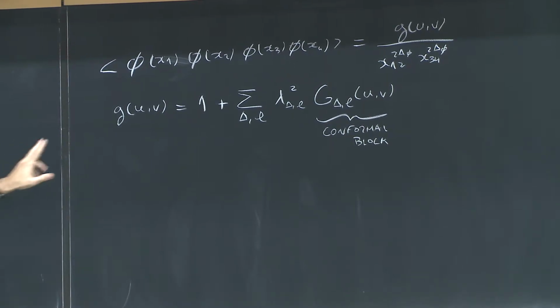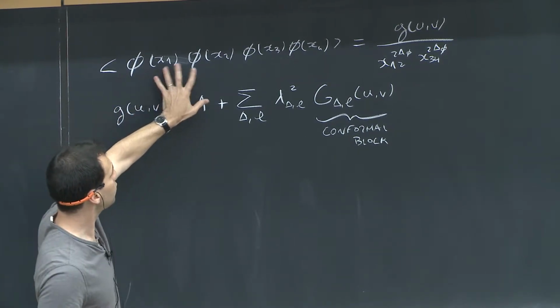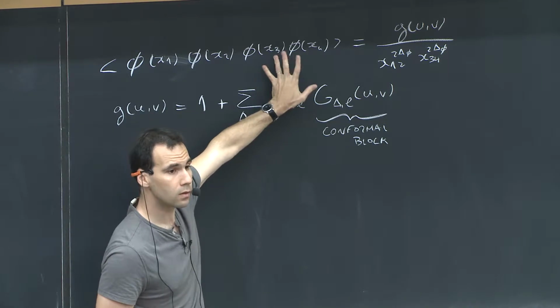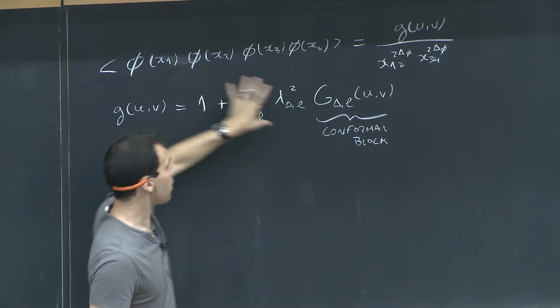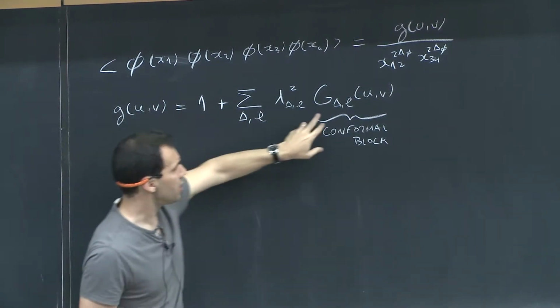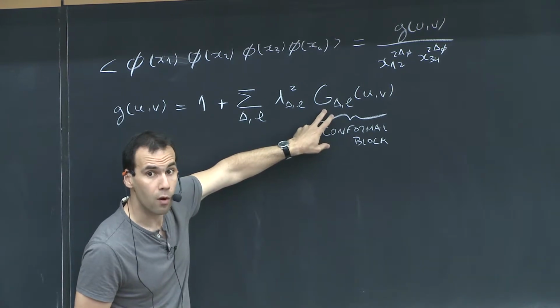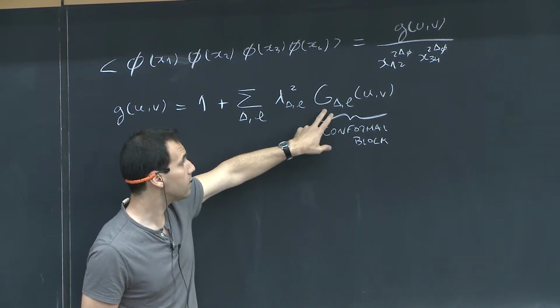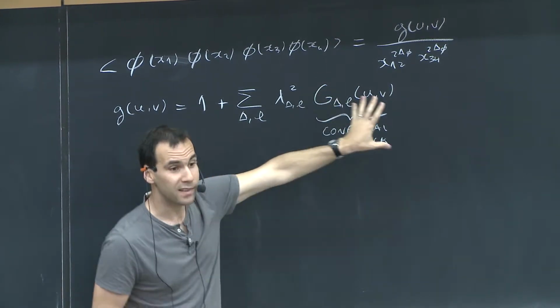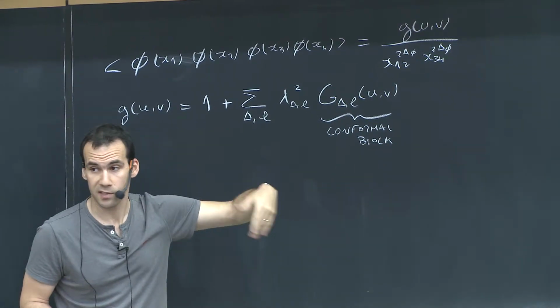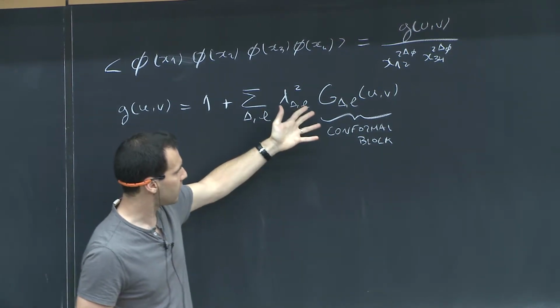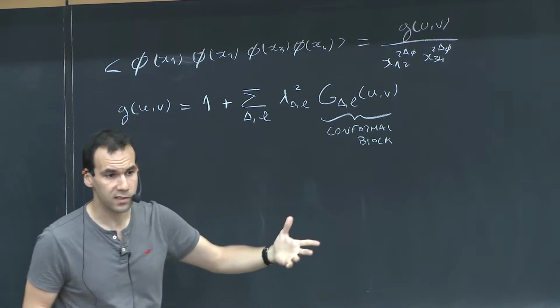So doing the OPE, so fusing these two operators and these two, you get the representation for the 4-point function in terms of these functions, which were called conformal blocks, right? These are things which are kinematical in nature. They are the same for any CFT.